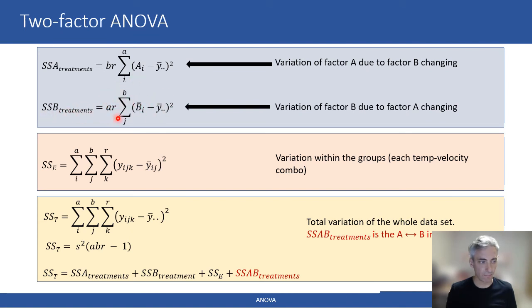3 times 2 replicates and 3 levels of factor A to get the total sum of squares of treatment B. The sum of square errors is the mean at each speed temperature combination. So for each speed and each temperature, we took some replicates, so we can calculate the mean of those replicates, and then we subtract it from each of the 2 replicates and square it.